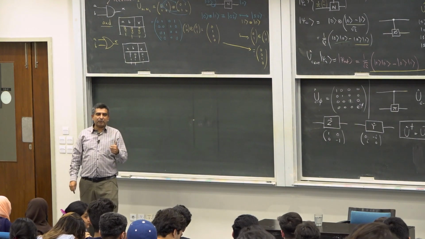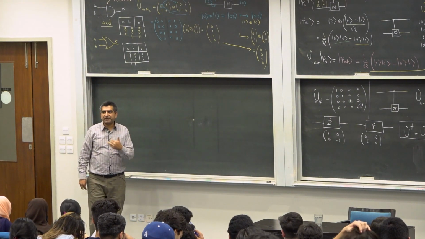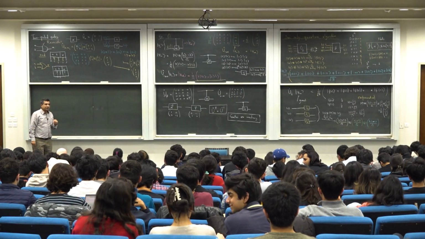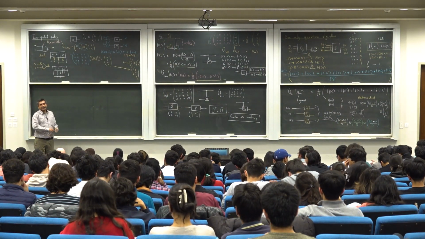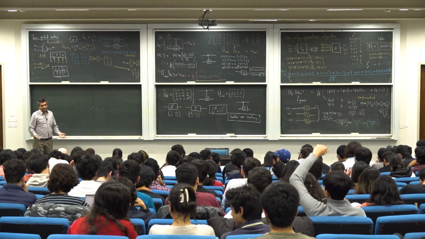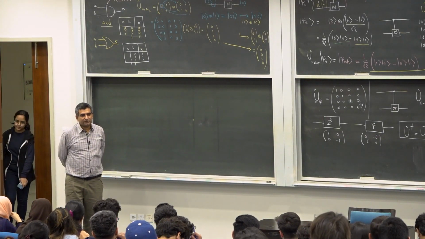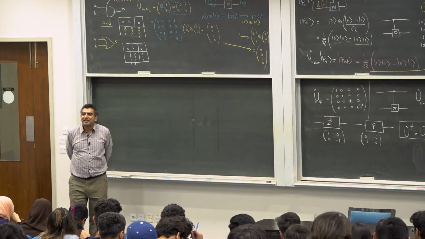So the algorithm that I'm going to describe is one of the earliest proposals for an algorithm, proposed in 1985 or so by an Oxford physicist, David Deutsch. Now this is not an incredibly useful algorithm for practical purposes. It's a kind of a fantastically useless algorithm.